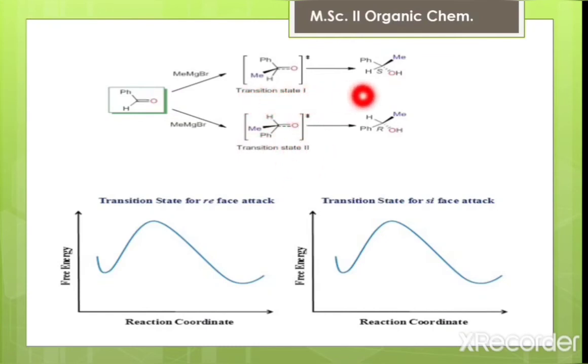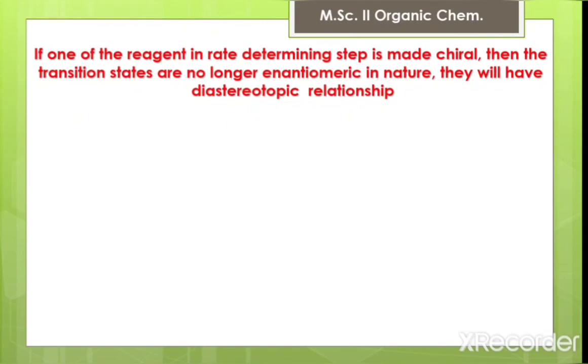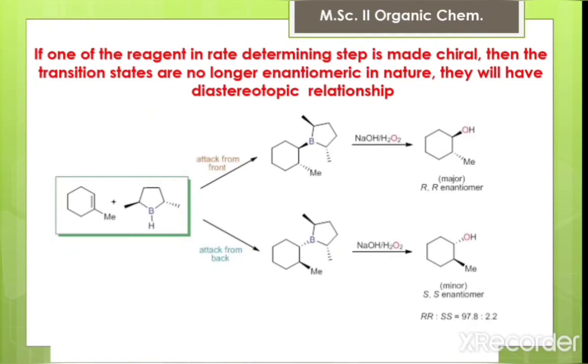In transition state first we get the product having configuration S, while the other has configuration R. Here is the transition state for Re face attack, and here the transition state for Si face attack. If one of the reagents in the rate determining step is made chiral, then the transition states are no longer enantiomeric in nature. They will have diastereomeric relationships.